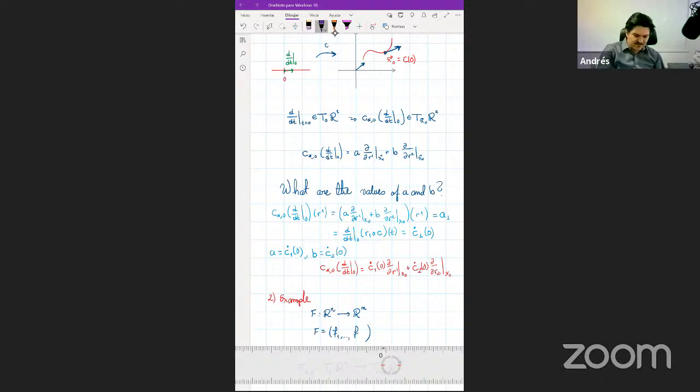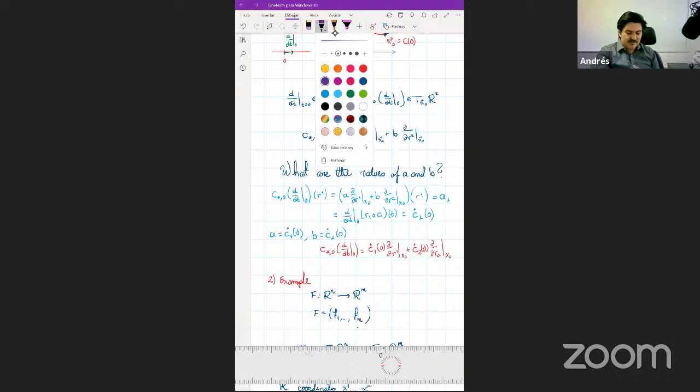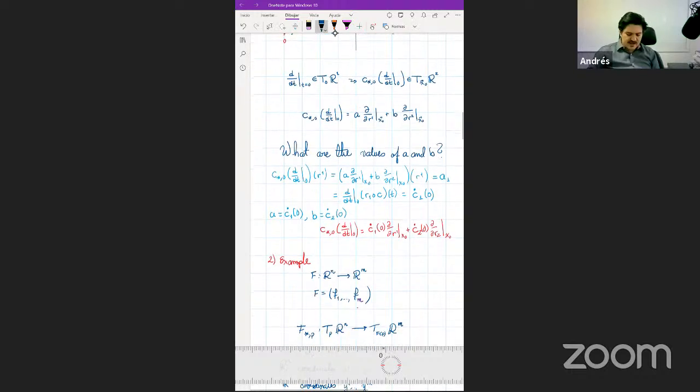I don't know if I put lower or upper indices. So let's say this, right? So I put F1 up to Fm, the coordinate functions of capital F. And I want to compute the differential at this point of this function. I make a base point P on Rn, and I want to compute this.